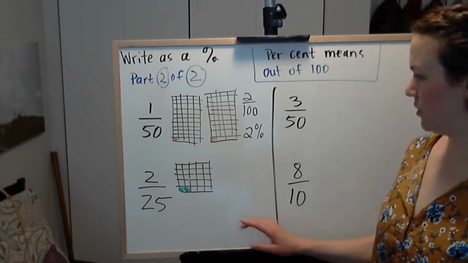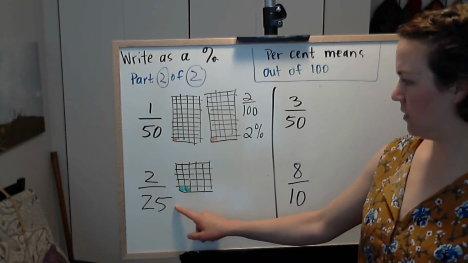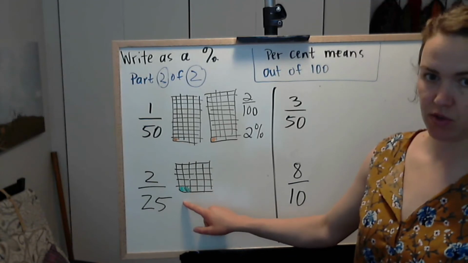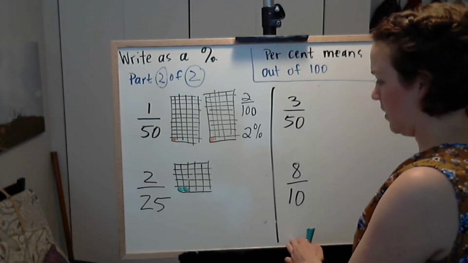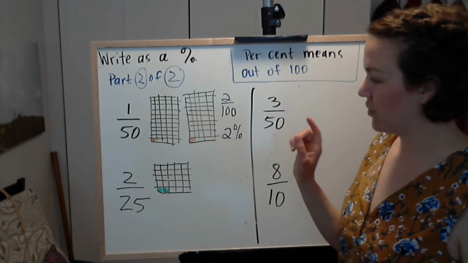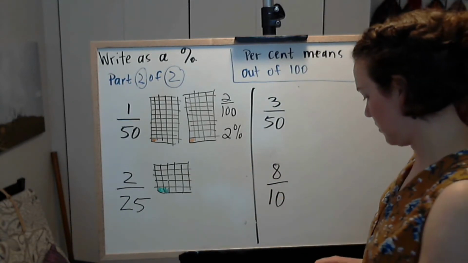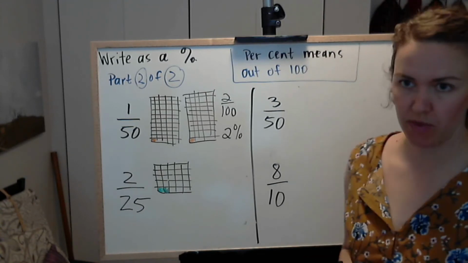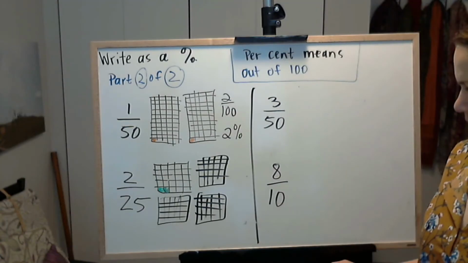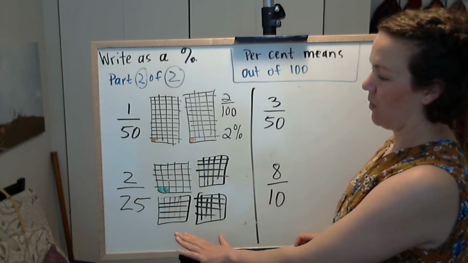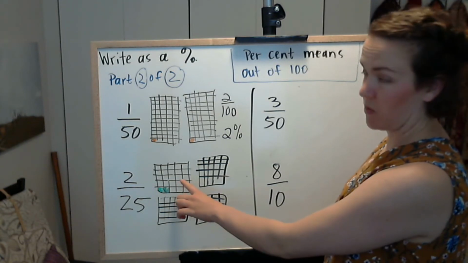Okay, let's do 2 out of 25. So I've got 25 squares here and 2 are colored in. We need to make our fraction out of 100. So I need 4 of these 25 squares to make a total of 100 squares. So now I've got 4 squares with 25 each.